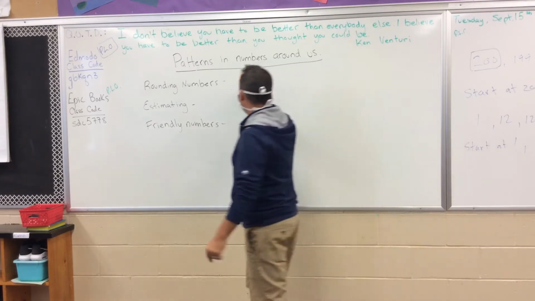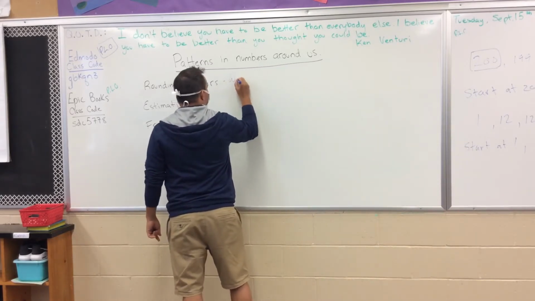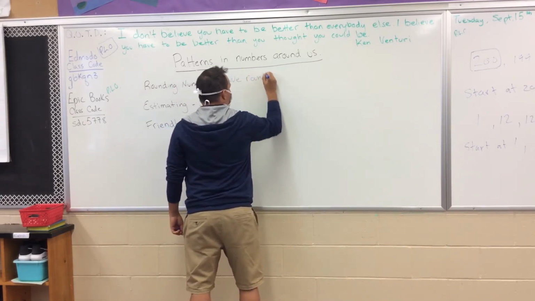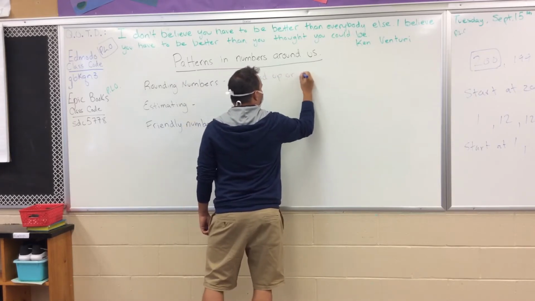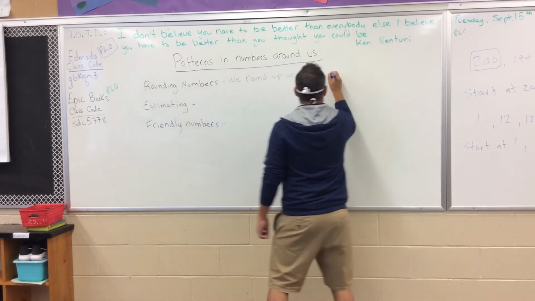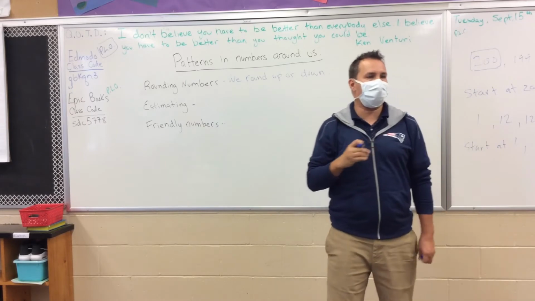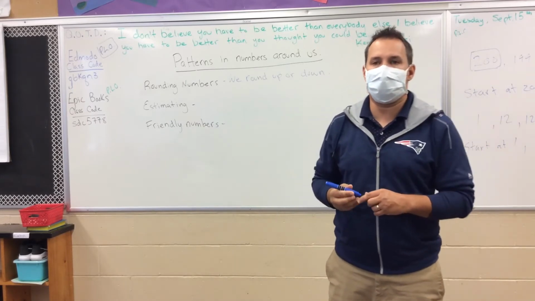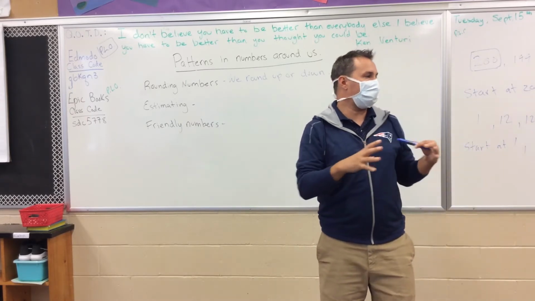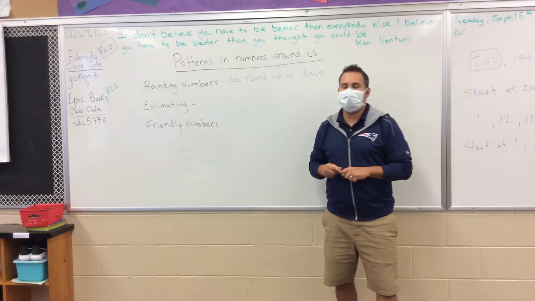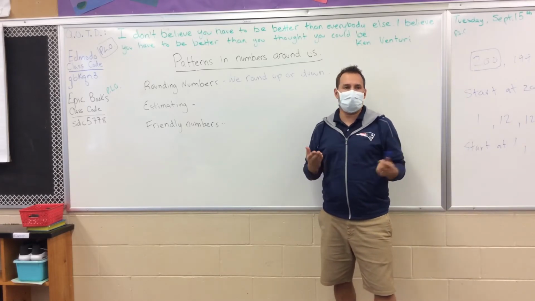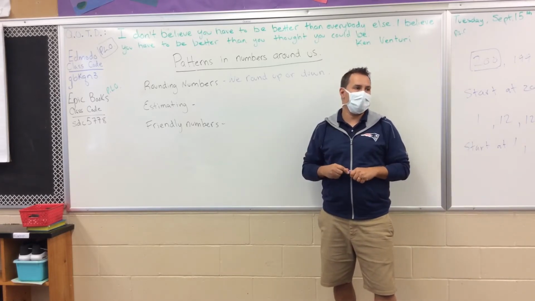So rounding numbers, we round up or down. If we don't have a question that says, say, round to the nearest 100, if we don't have a question that gives us that explanation, how do we usually round numbers?